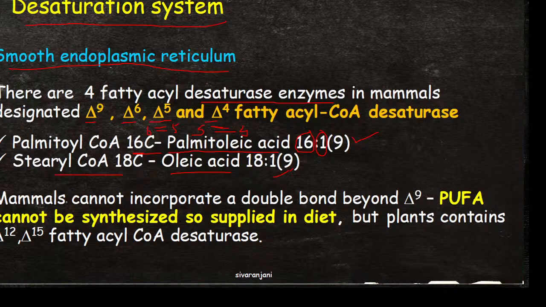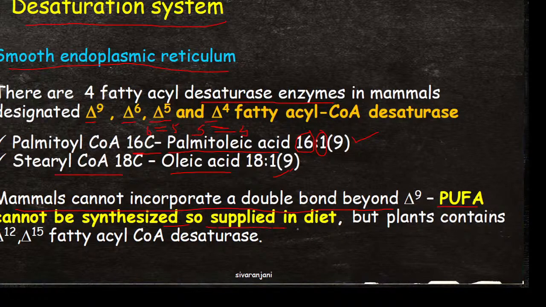Okay. So one of the limitations of mammals is that mammals cannot incorporate a double bond by the desaturation system beyond delta 9, that is, beyond the ninth and 10th carbon atom. So hence polyunsaturated fatty acids cannot be synthesized by our body, by mammals.